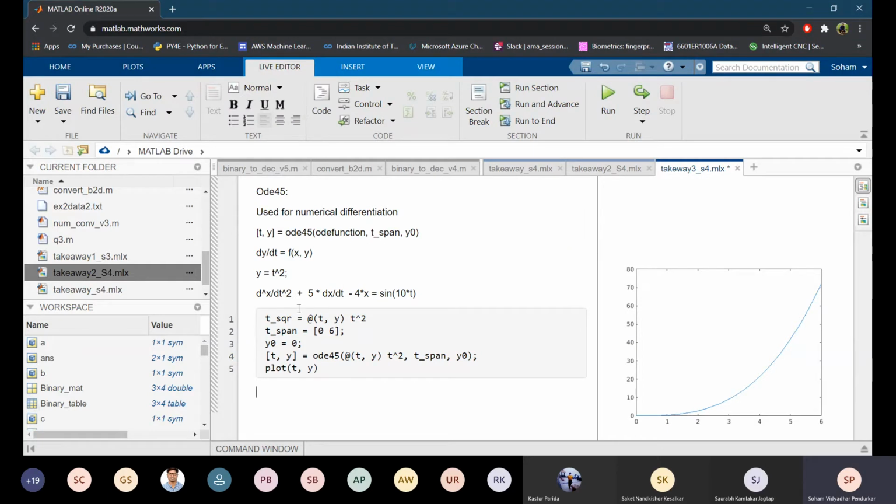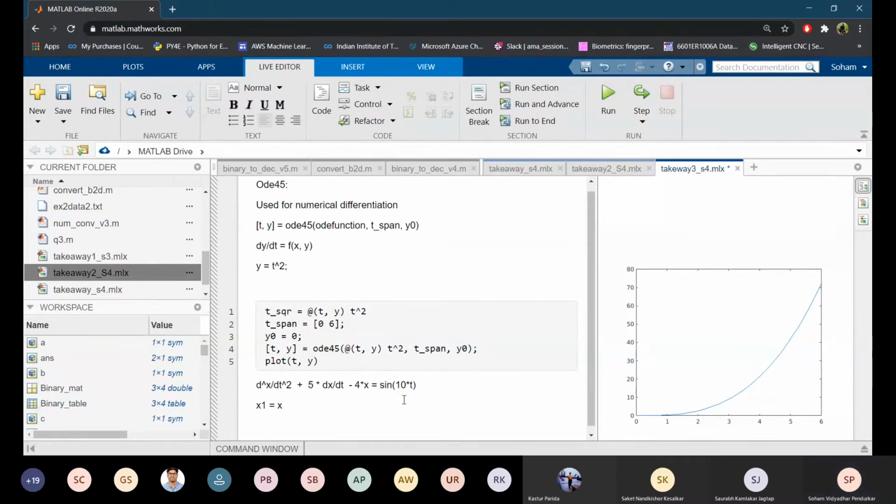With this differential equation, what we can do is substitute x1 equals x and x2 equals x dash, its derivative.